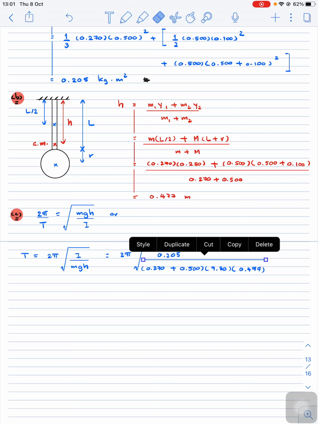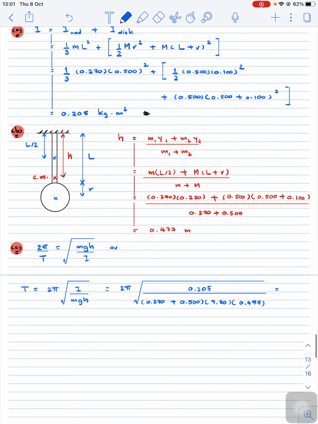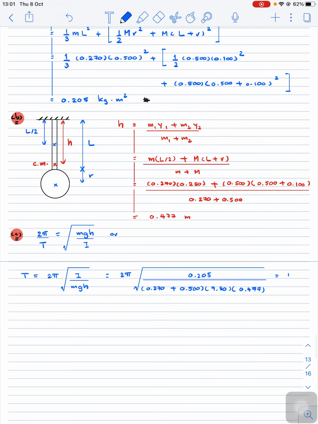Let me rearrange first, and then finally we can use a calculator and get the answer to be 1.50 seconds.